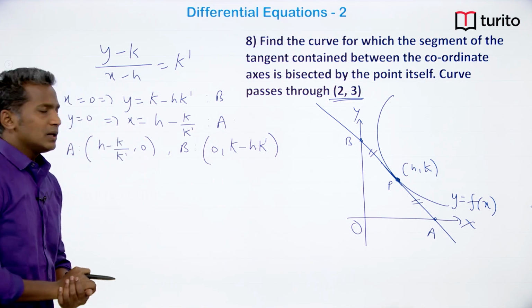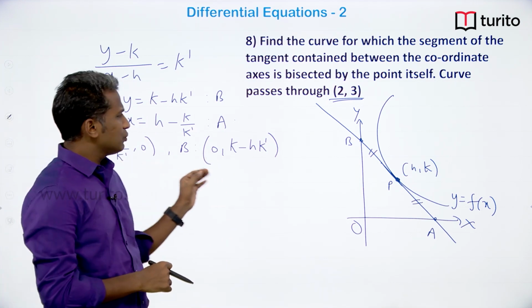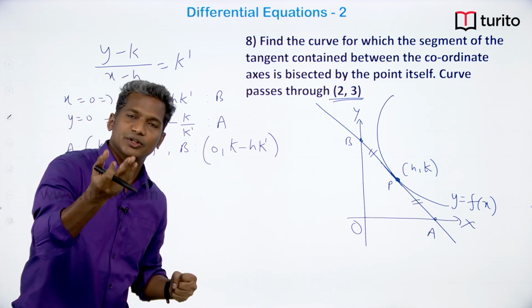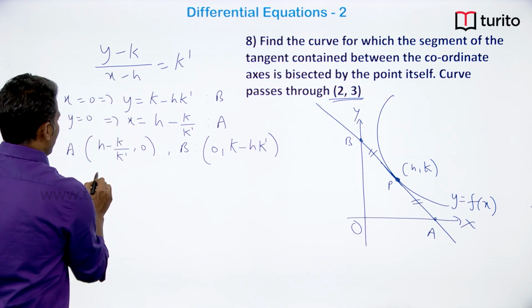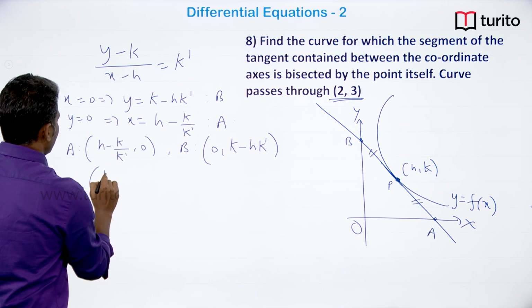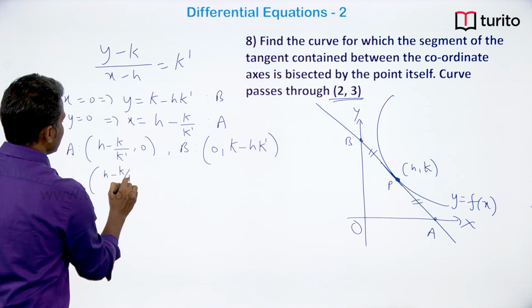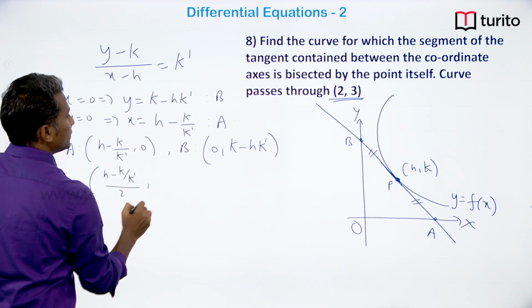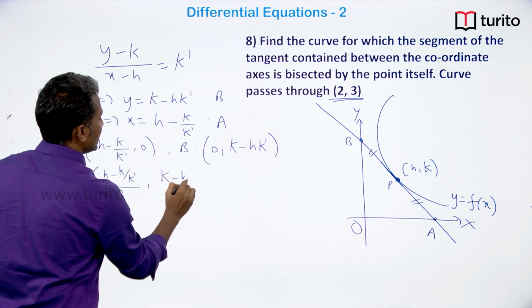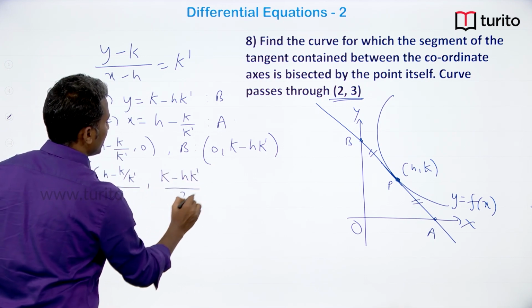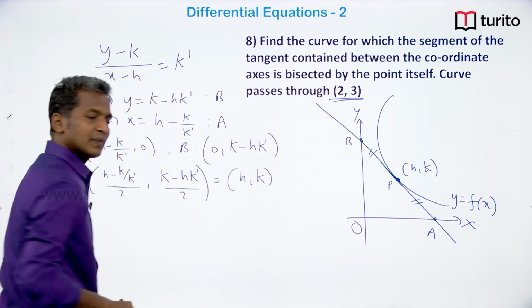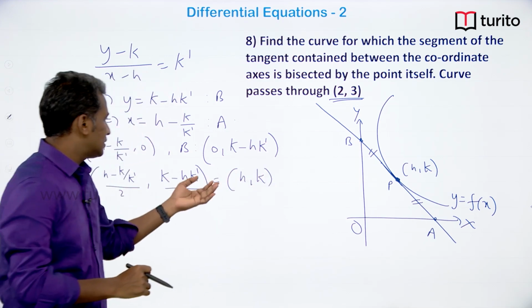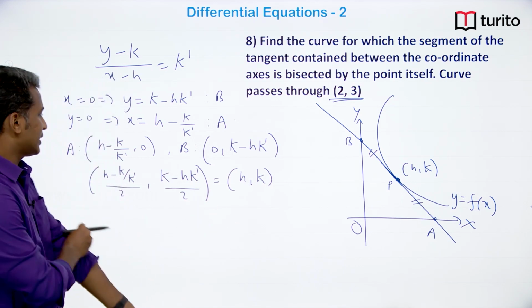Now, midpoint of these two must be equal to the h comma k point. So, what is the midpoint here? When we find the midpoint, we will get ((h minus k/k dash)/2, (k minus h k dash)/2). This must be equal to (h, k). Now, let us equate the x coordinate and y coordinate separately.